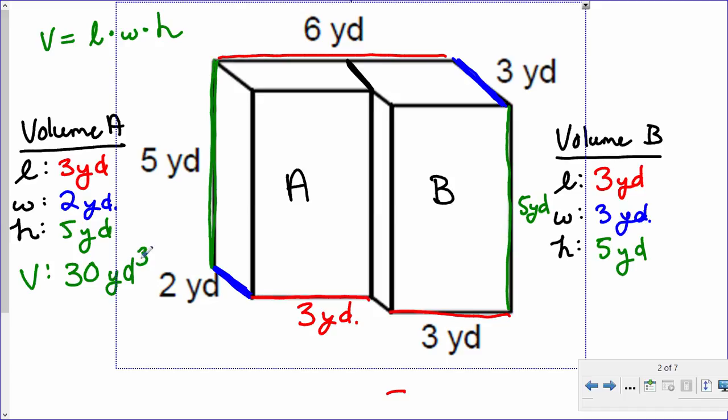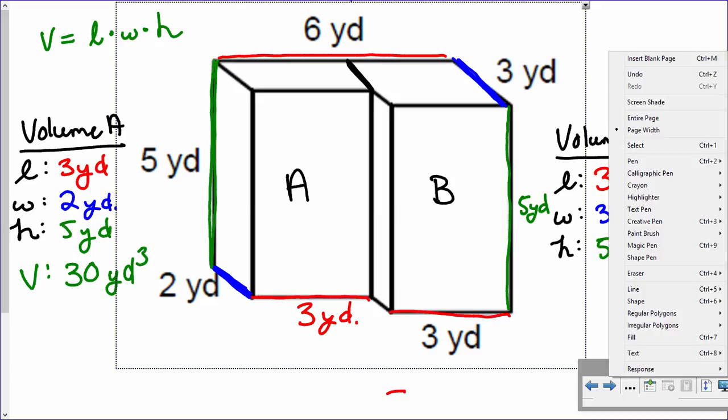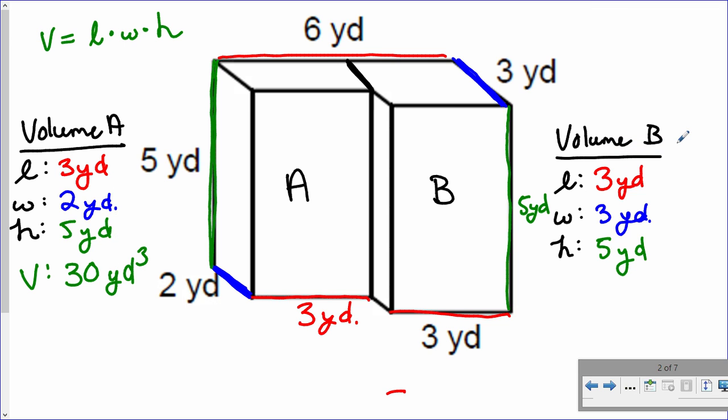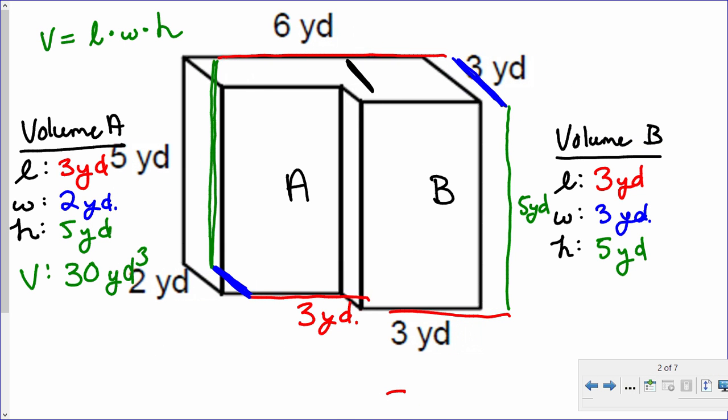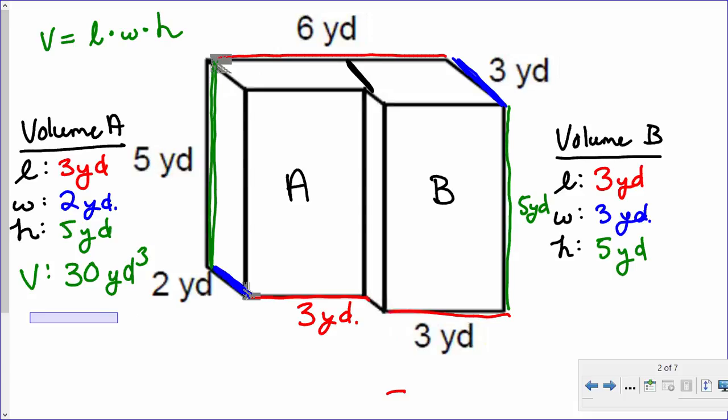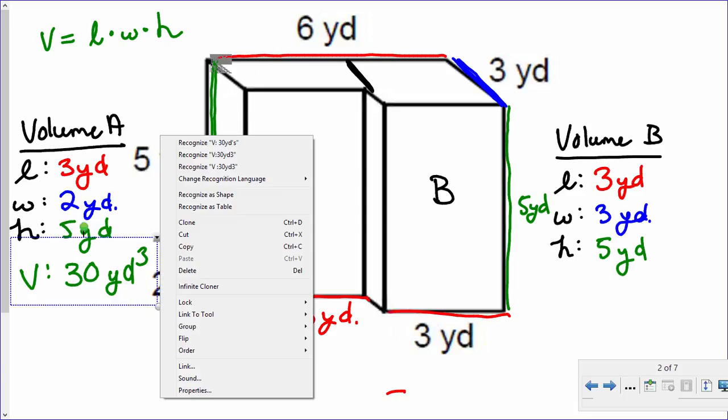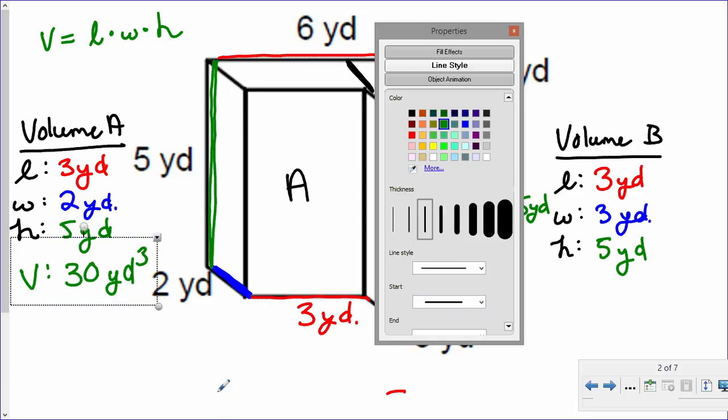Over on this side, and I should probably change that color so you can see it a little bit better, to just make sure there is no confusion. Make it purple.